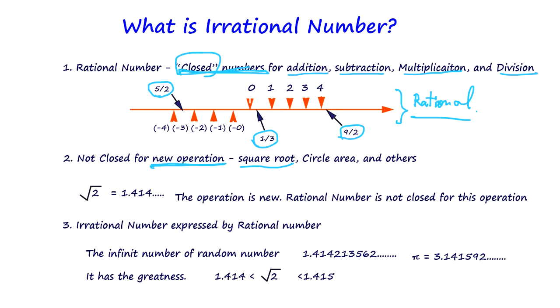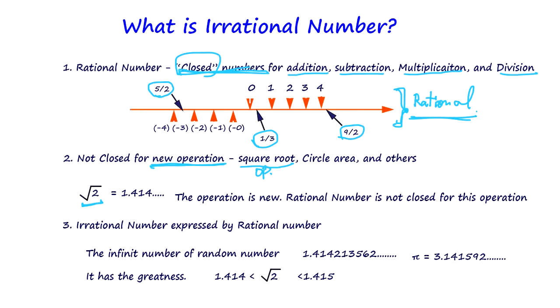That number we write as square root of 2, right? If you define such a new operation, then the answer is not going to be within the rational numbers. So we call that irrational number.